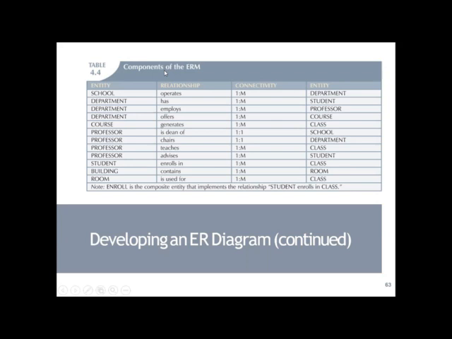Components of the entity relationship model. So we can see this is the component of the ER model, from the entities school, department, course, professor, student, building, and room. And this is the relationship, this is the connectivity, and this is the entity.